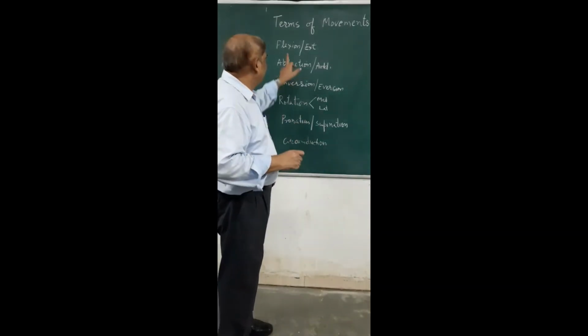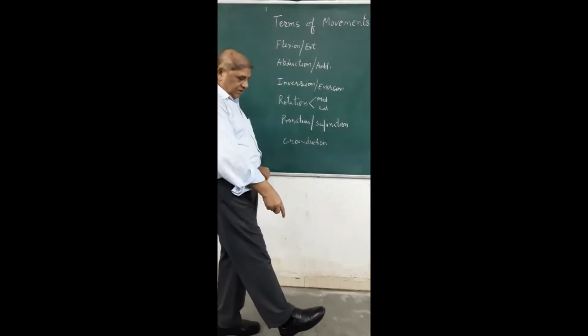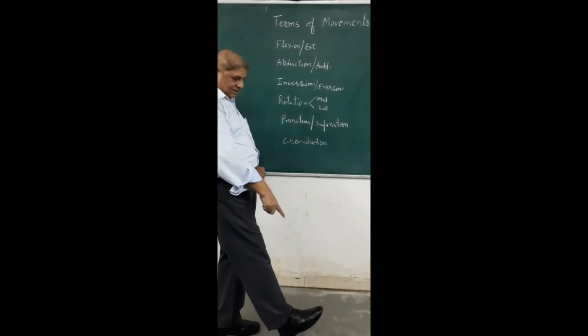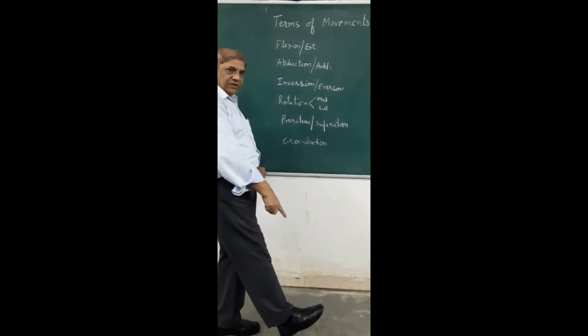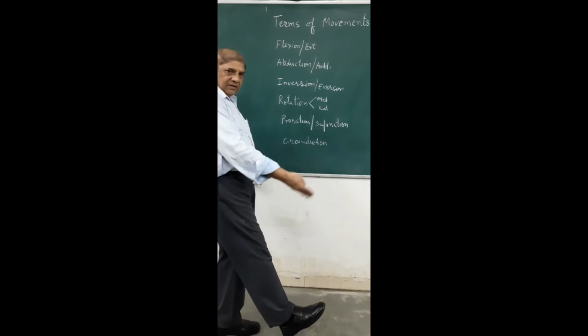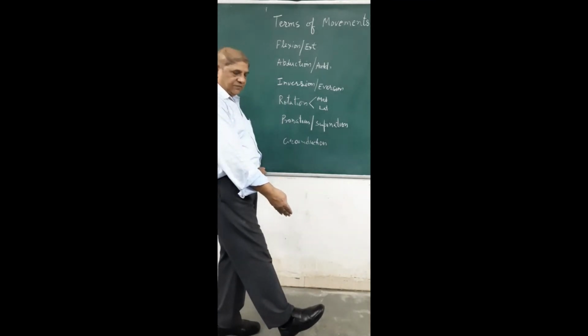Now come to flexion and extension at the ankle. Here, I have already told you the dorsal surface of the foot is the dorsum of the foot, and the opposite surface, the sole, is the plantar surface of the foot.